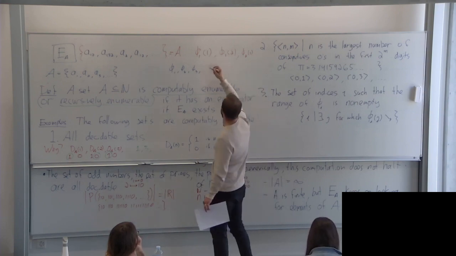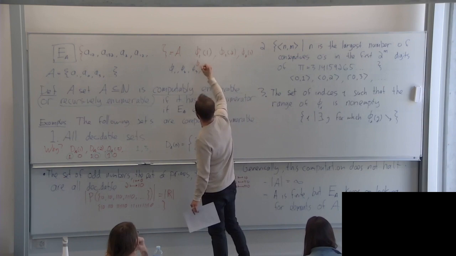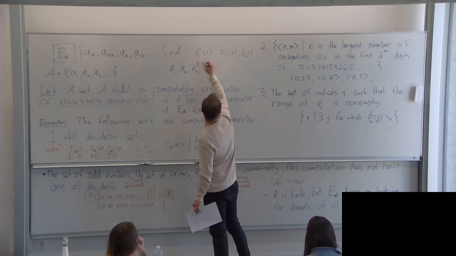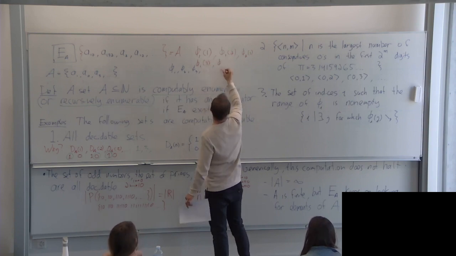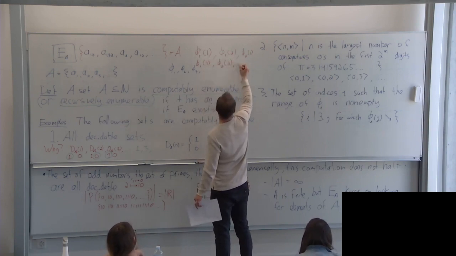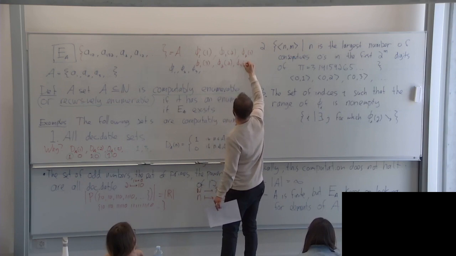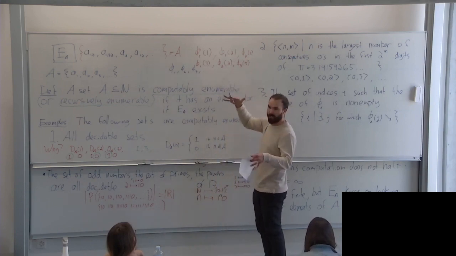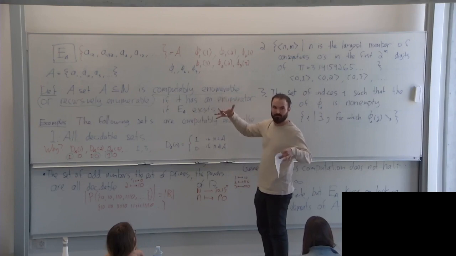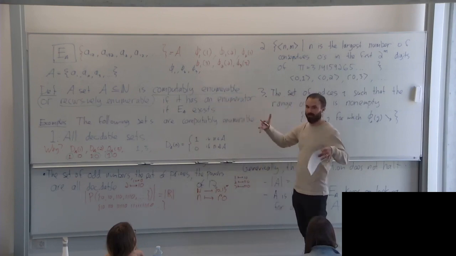And at some point I'm going to compute phi 1 of 3 for a little bit, and phi 2 of 2, and phi 3 of 3, and the little bit that I'm computing is going to increase gradually.